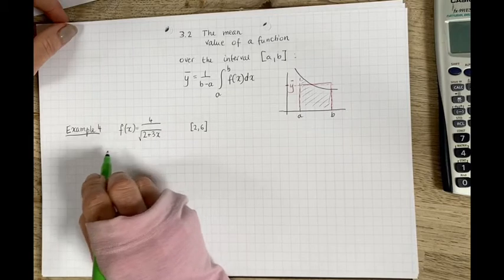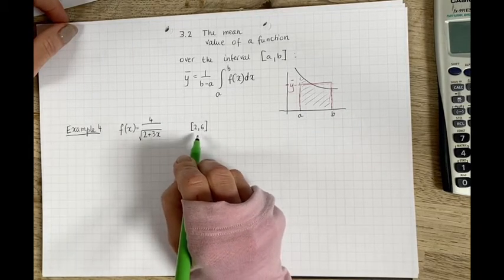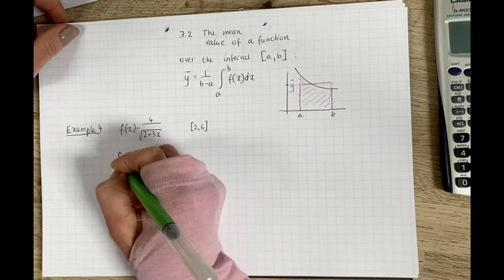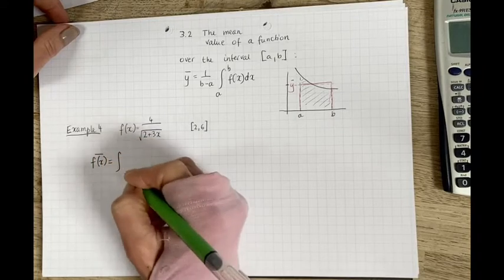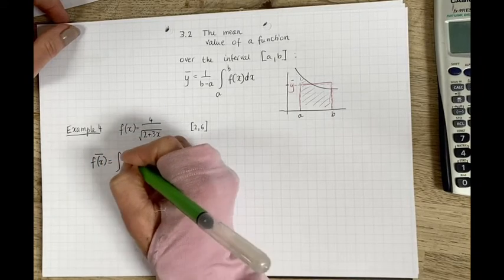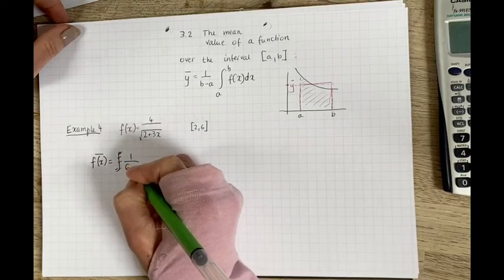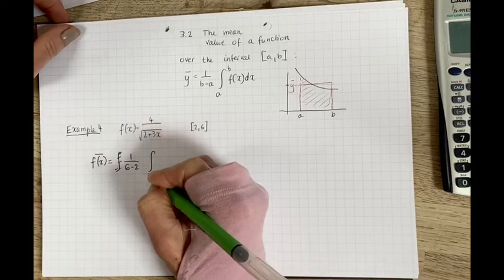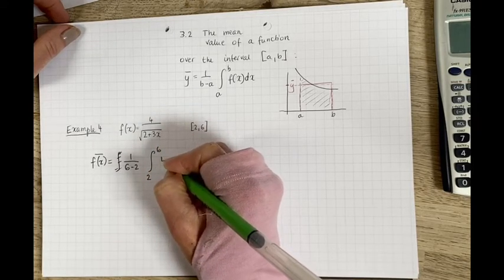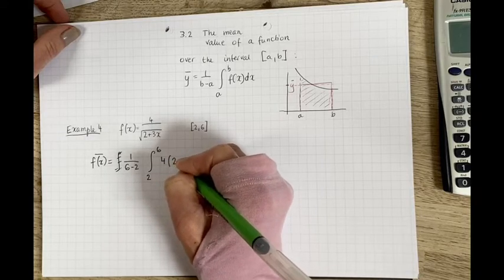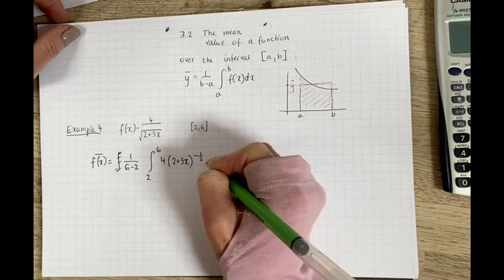As soon as they say find the mean value on the interval from 2 to 6, you are going to call it f of x bar, and then you're going to divide by the width of the interval, so 6 minus 2, and then integrate it between the limits 2 and 6. So it's going to be 4, I'll bring it to the top, 2 plus 3x to the power of minus a half dx.